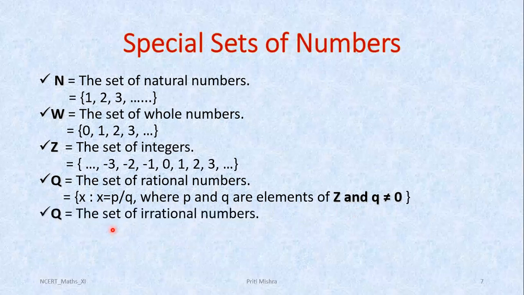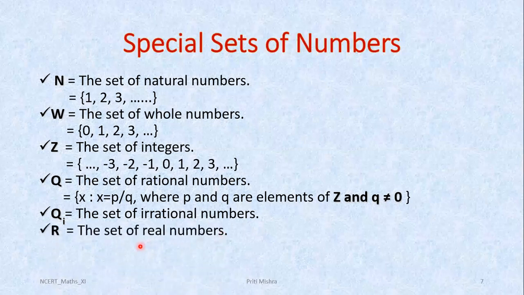After this, we have the set of irrational numbers. We denote the set of irrational numbers by Q with I written in the suffix. So what numbers are known as irrational numbers? Numbers which are not rational numbers are known as irrational numbers.